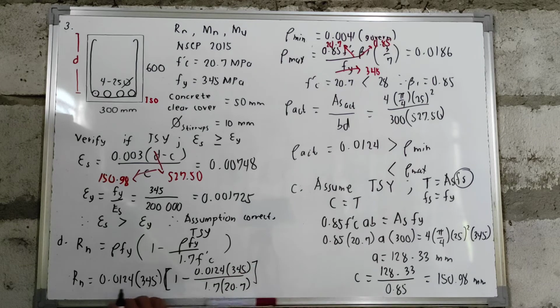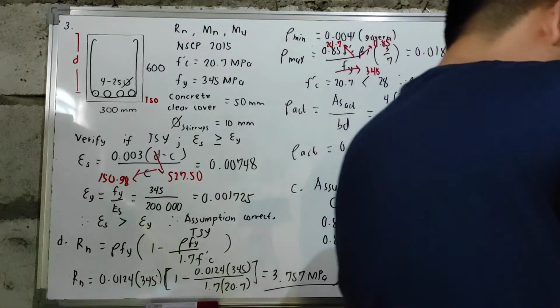So you will have a value of your nominal resistance which is equal to 3.757 megapascal. So this will now become your answer.